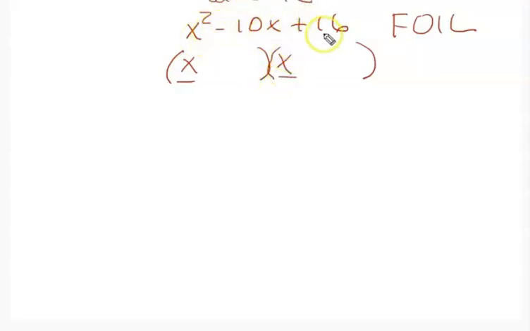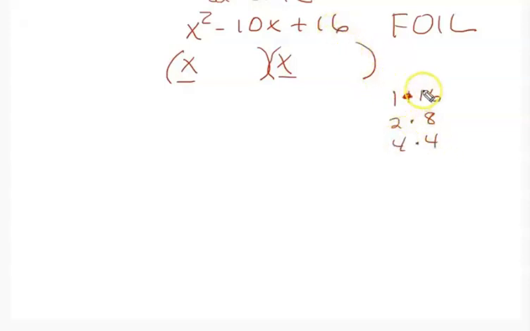Now, in the c position, there's 16. So we think mentally, what are the factors of 16? Well, there's 1 times 16. There's 2 times 8. There's 4 times 4. Now, all of these, if we multiply them together, give us 16.